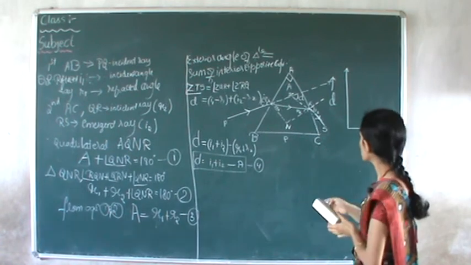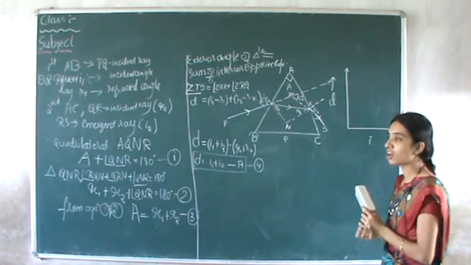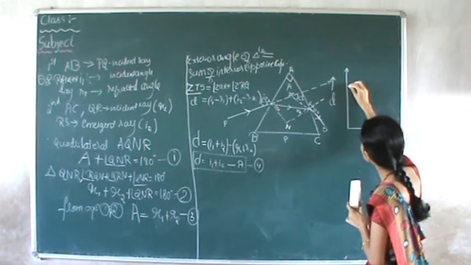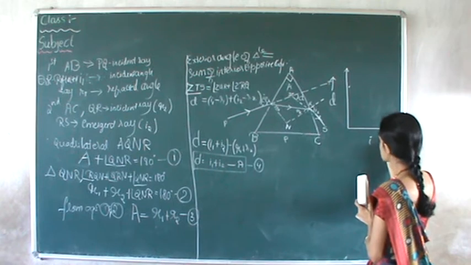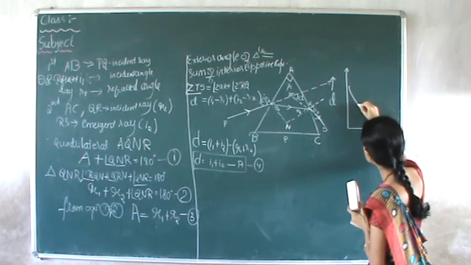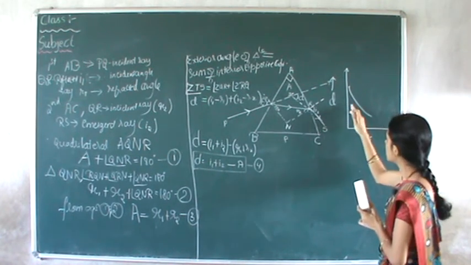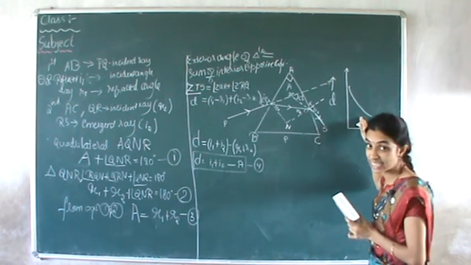So for this small angle of the prism, it has been found that deviation will be less as the angle of incidence increases. As the angle of incidence increases, deviation value decreases.